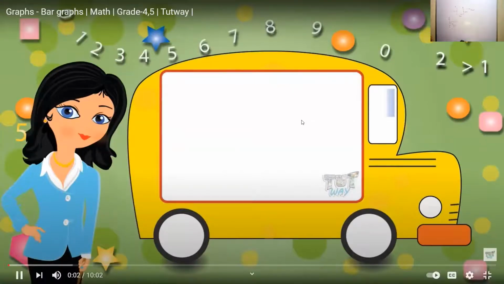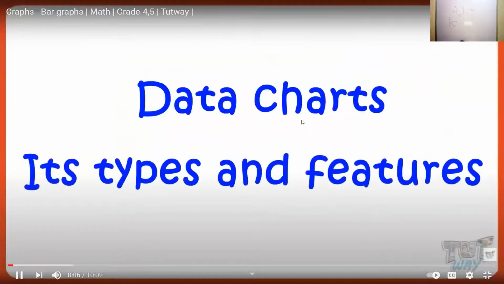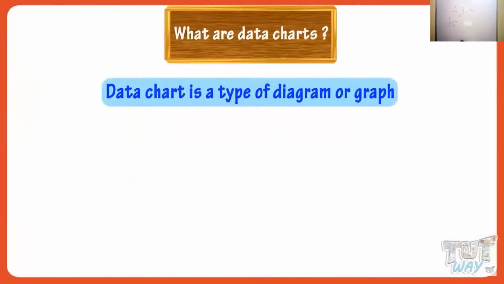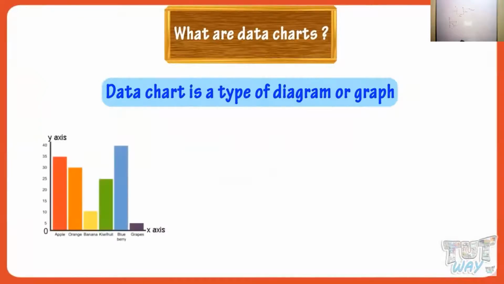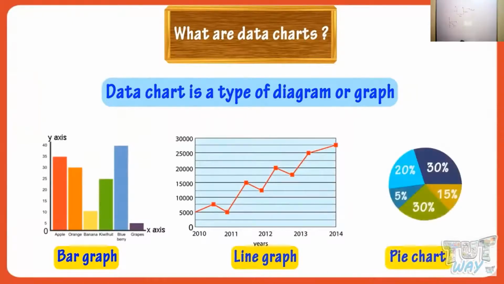Hi kids! Today we will learn what are data charts, their types, features, and how we use them. So let's start. Data chart is a type of diagram or graph where data is represented by various symbols such as bars in bar graph, lines in line graph, or slices in pie chart. Today we will learn what are bar graphs.